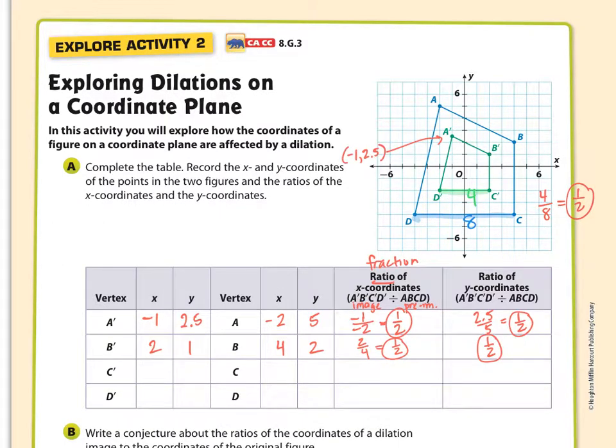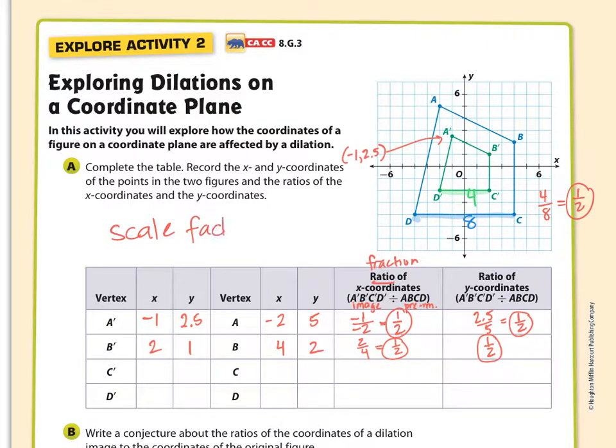So not only can you look at the specific points to find this 1/2 number, you can also look at the lengths of the sides. And notice I only did one of them. I can do the other ones, and I will always get 1/2. So what is this 1/2 number? What does it do for us?